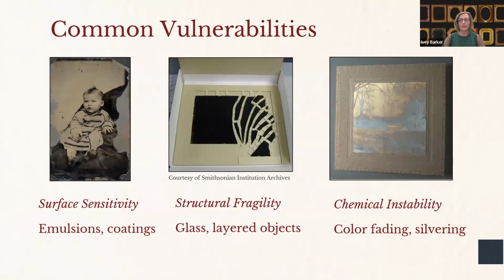So photos, as we see, have a lot of varied materials that can either work well together or work against each other based on their chemical components. Some common vulnerabilities in photos include surface sensitivity, the emulsions and coatings starting to separate from their metal or paper supports, as we see on the far left with the baby.